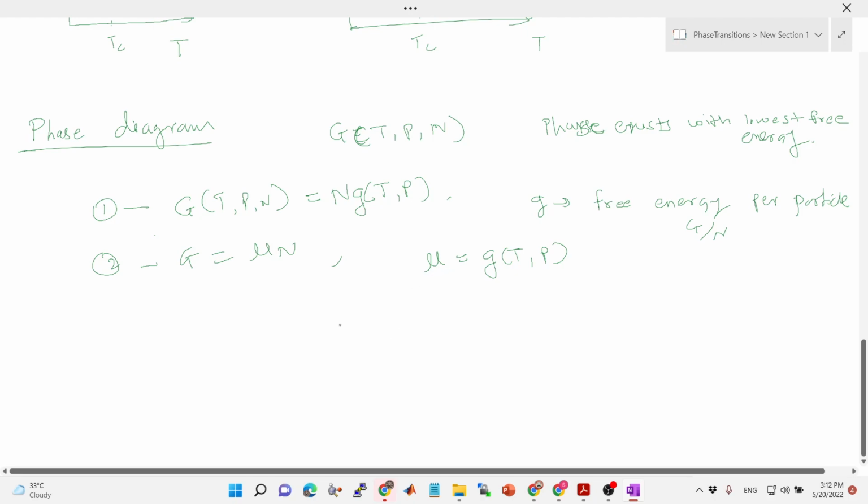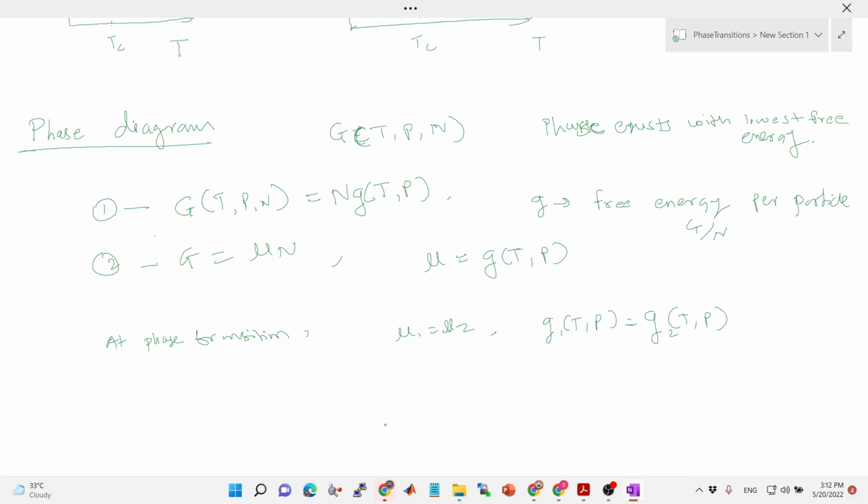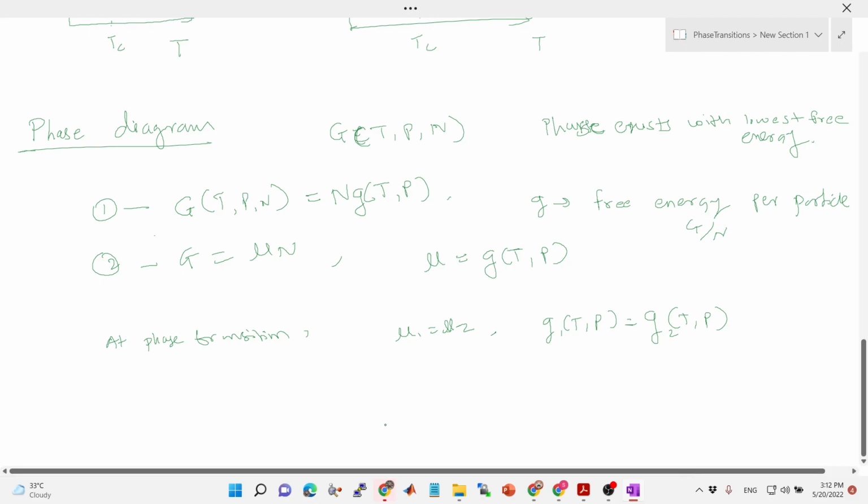Now, at the phase transition, mu1 is equal to mu2. That means g1 of T comma P and g2 of T comma P should be equal. Hence, for equilibrium, the Gibbs free energy per particle, that is g1 and g2, in the two phases must be the same.